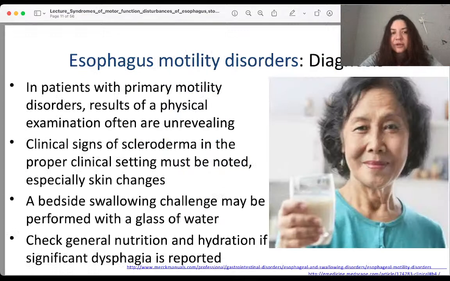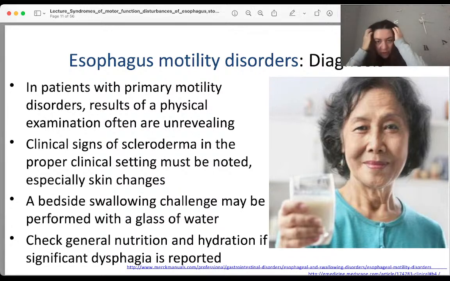For putting a diagnosis of esophageal motility disorders in patients with primary motility disorders, we can make a diagnosis from the results of physical examination, though often it is unrevealing. Clinical signs of scleroderma in the proper clinical setting must be noted, especially skin changes.